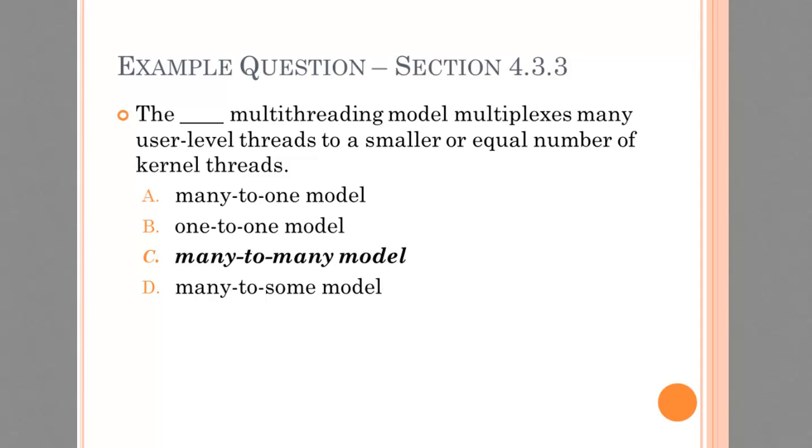And the key here is multi-threading. You know it's more than one. And you see the many. Many user-level threads to a smaller or equal number of kernel threads. So if it's an equal number, it would be the many to the many. Because if you have many, then you have to have many kernel threads.